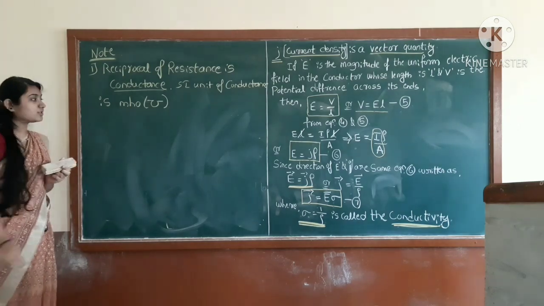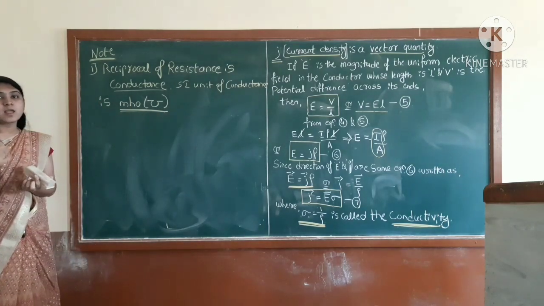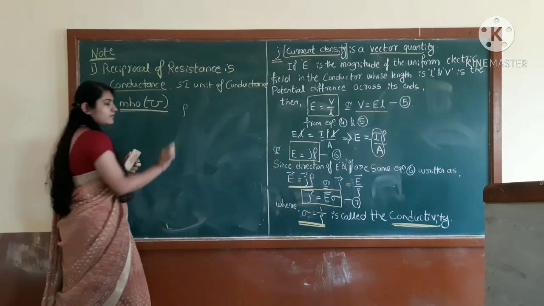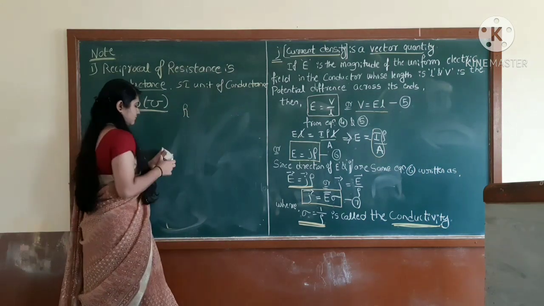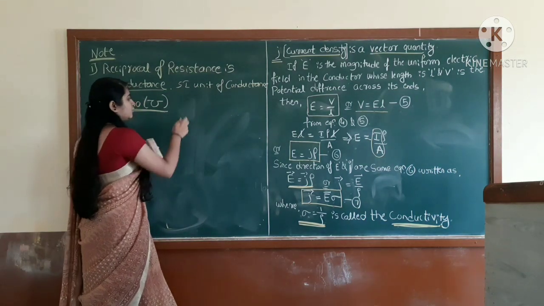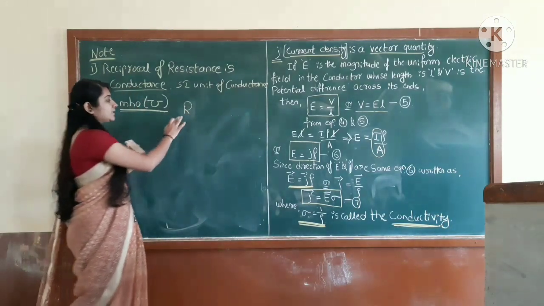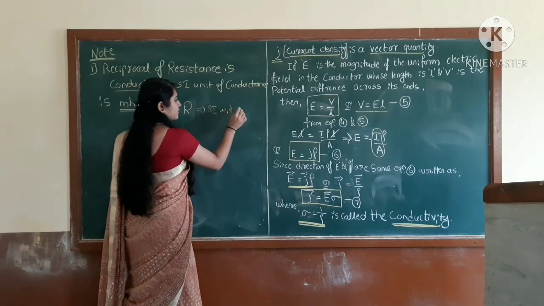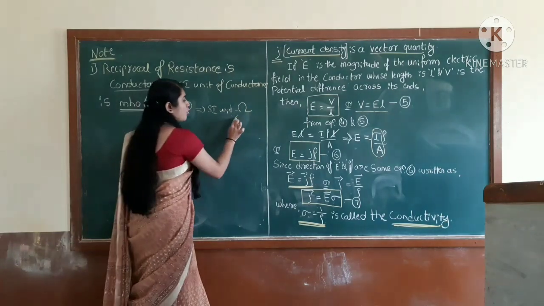Reciprocal means opposite. So this is the resistance, R, and its SI unit is ohm.